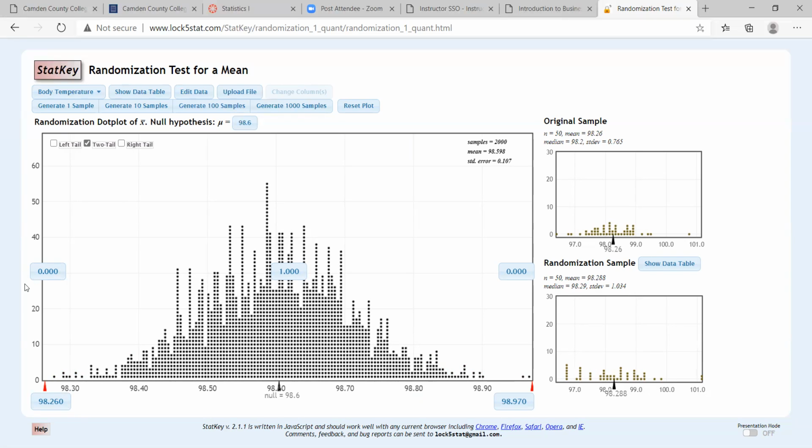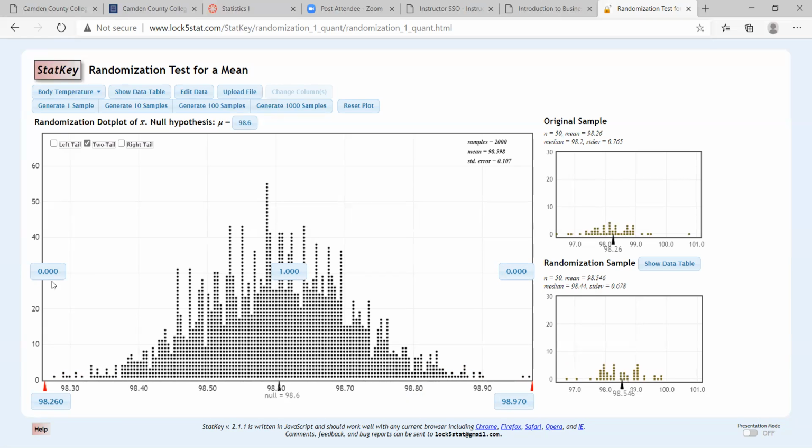This is how it's defined: it's the probability of getting that sample statistic or something more extreme than that. Now, this is not the p-value, this is half the p-value, because we have to consider that there's another area corresponding to it on the right.